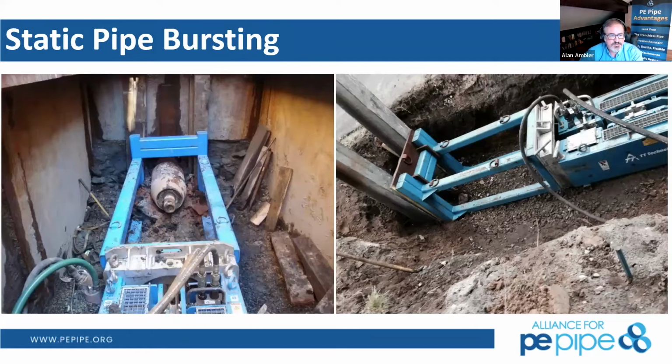So here's some examples of what's called an extraction cage. You'll see here the expander head in the left picture is arriving in the extraction cage, and then the bursting operation is stopped in order to allow crews access to that expander head to remove it.